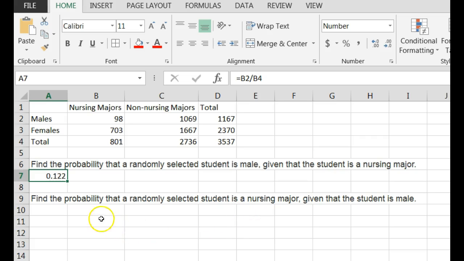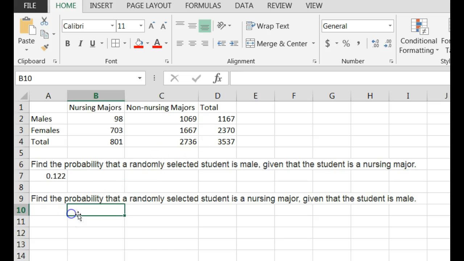The next says find the probability that a randomly selected student is a nursing major given that the student is male. Different question, but we're still shaking the jar there because it's given that the student is male. So we're only dealing with the 1,167 males.